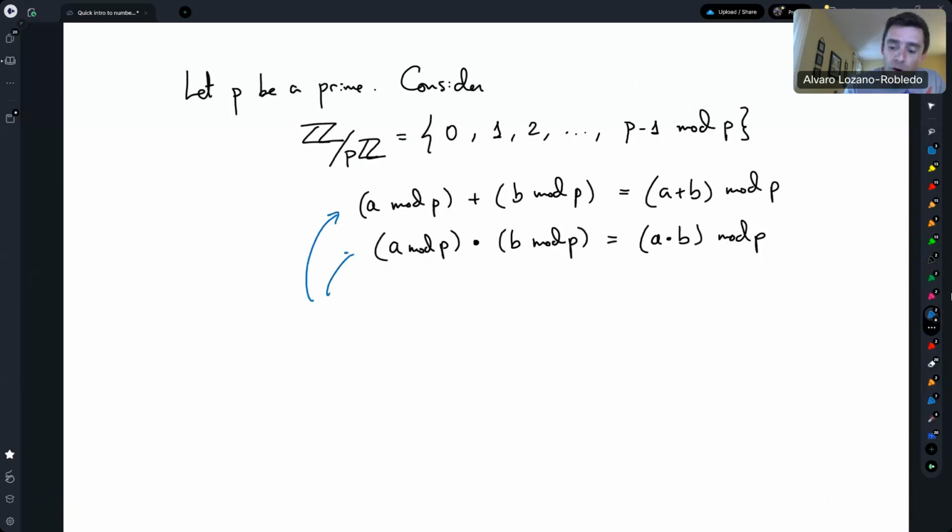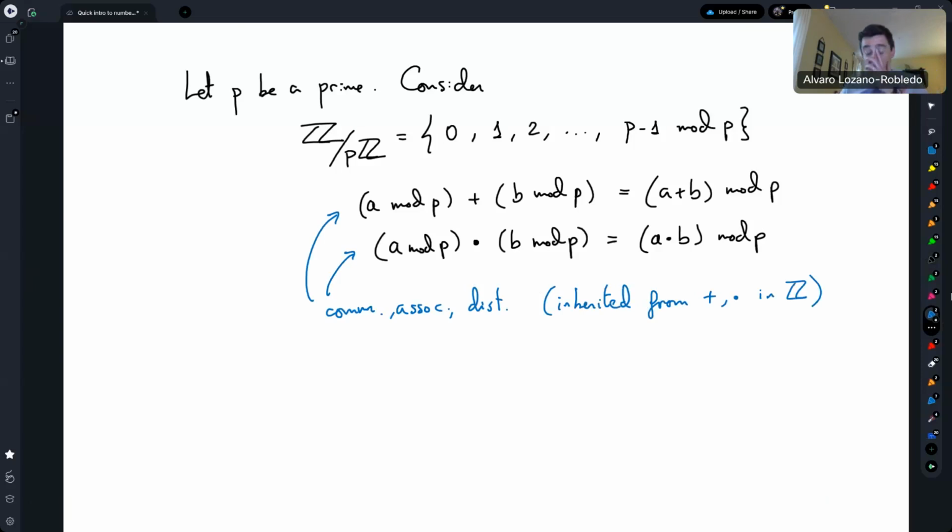These two are commutative, they're associative, and they are distributive. And again, this is because these properties are inherited from plus and times in the integers. And so that is the first property.